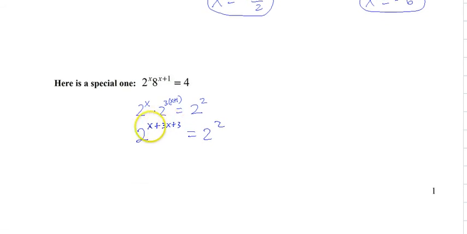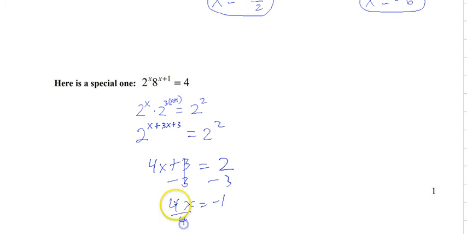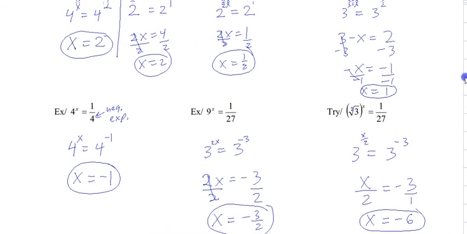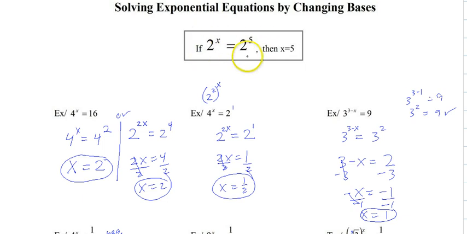So this whole expression, which is 4x plus 3, would equal 2. And now we can solve it. And there it is. So again, there's not one way of doing these. There's a bunch of different ways. But the main idea is to have the bases the same.